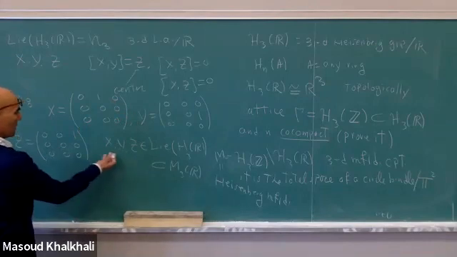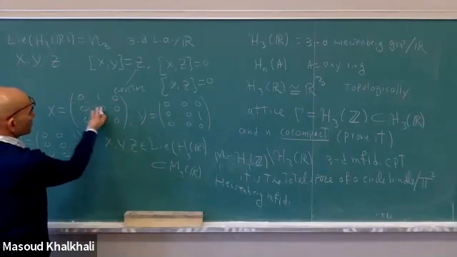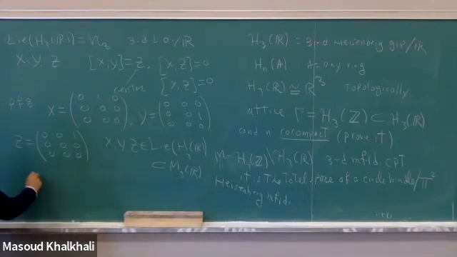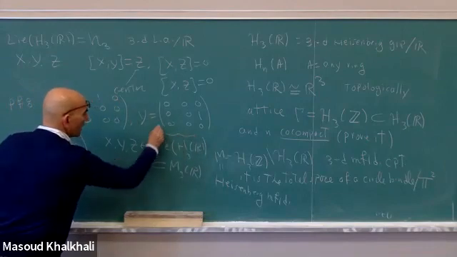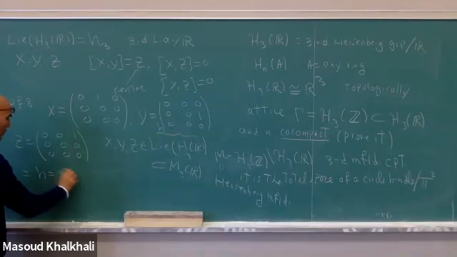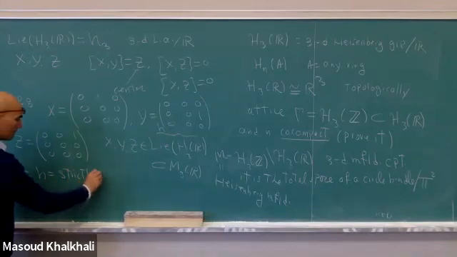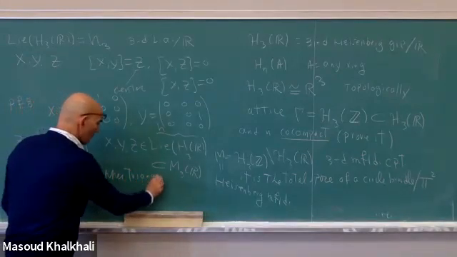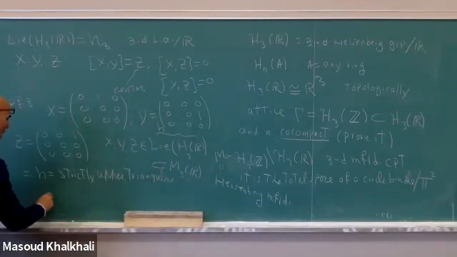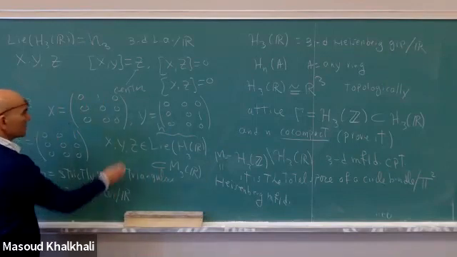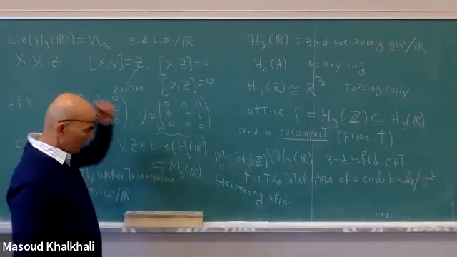The Lie algebra is nothing but strictly upper triangular 3 by 3 real matrices. This is clear from the definition of M3(R).